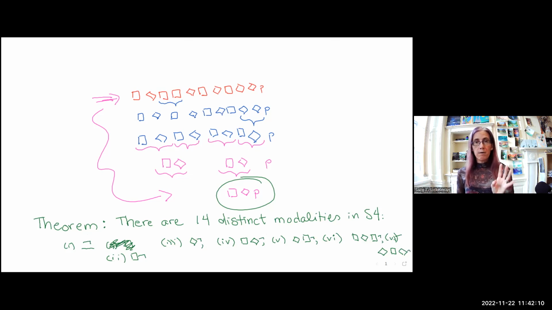So there's 7 positive or affirmative modalities and 7 negative. When we come to proving that these are the only distinct modalities in S4, we will only prove the positive case. The negative case, you basically get for free by going back through the proof and writing down everything that you just did with some negations in place.